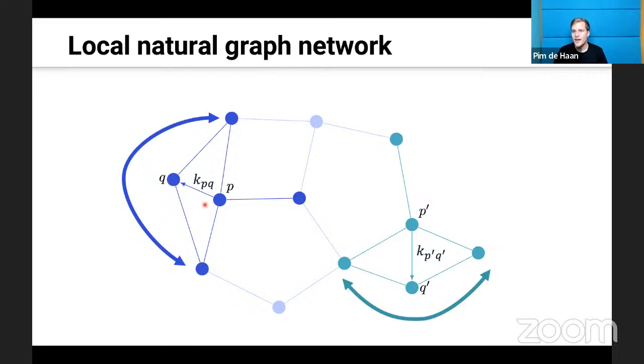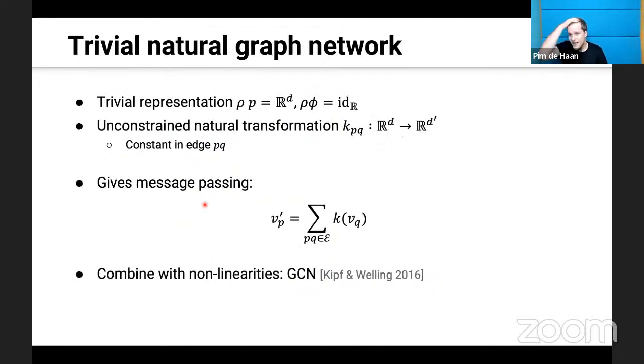So this is roughly sketched our local version of the natural graph network that is constrained by the local symmetries of the problem. Just to bring this home to a method that is probably very familiar to you, namely graph convolutional networks, or message passing networks on graphs.